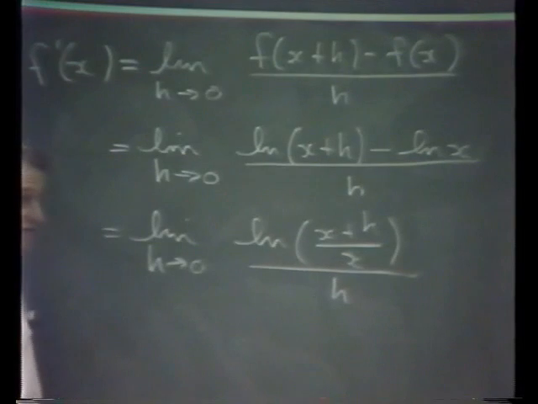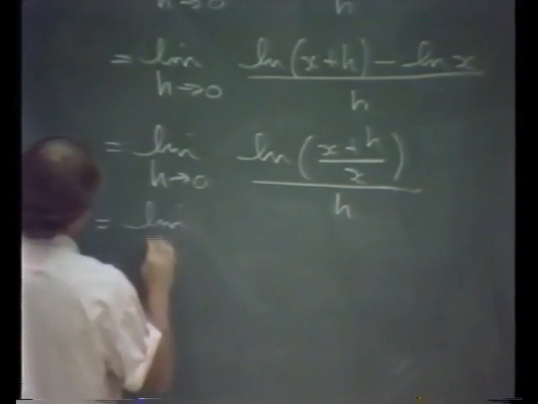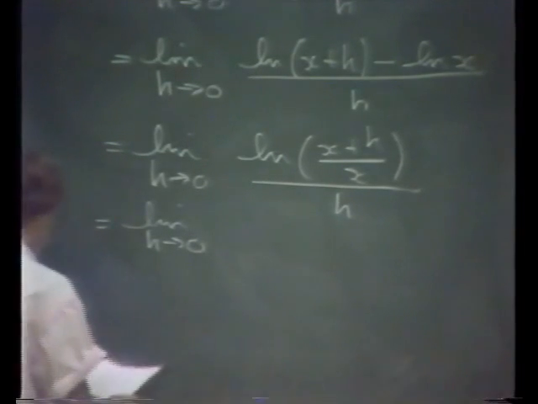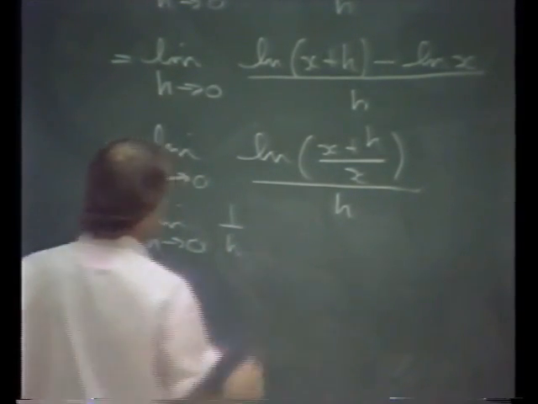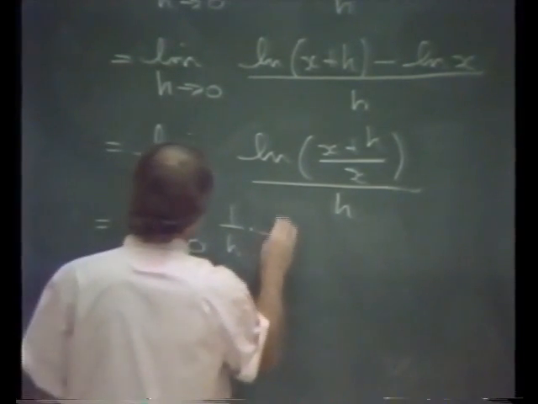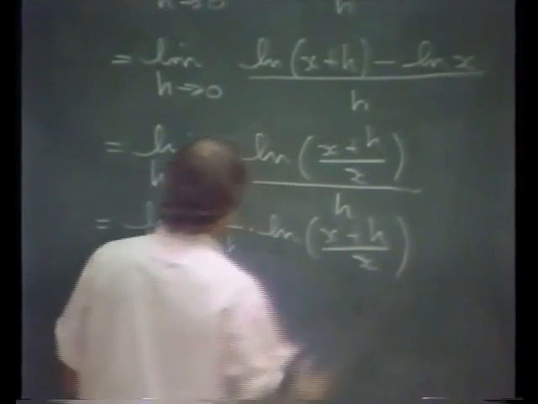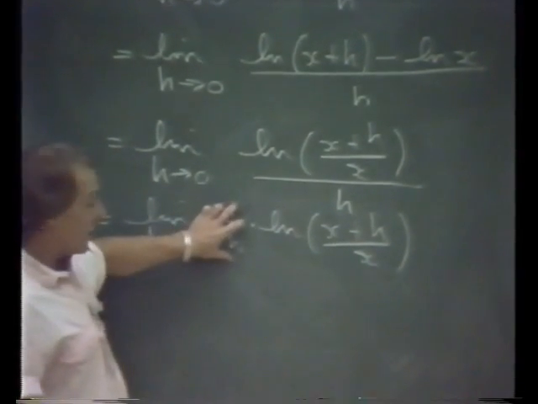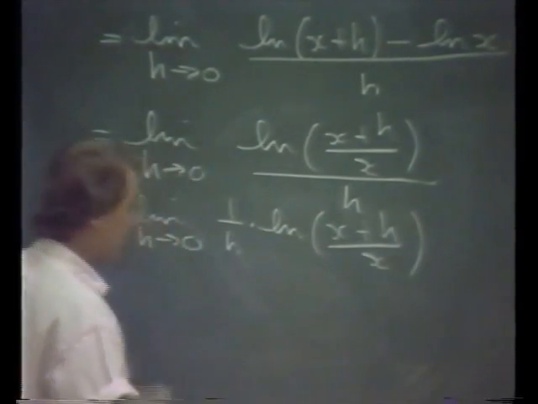And then, perhaps an unnecessary step, just to show you that we are applying another property of logs to simplify it further, I can write this as 1 over h times ln of x plus h over x. Because if you're multiplying by a number 1 over h, by your properties of logs, you can take this number to the power of 1 over h.